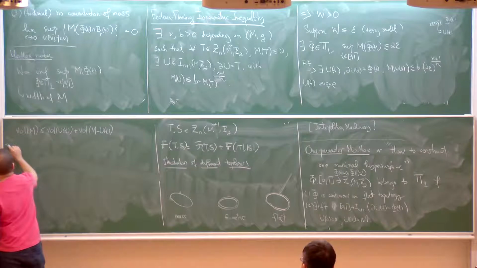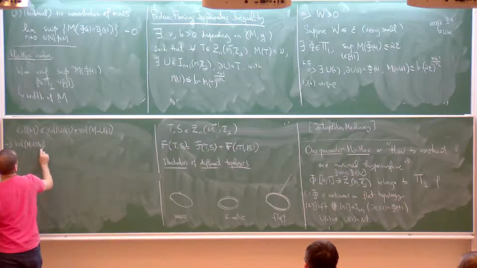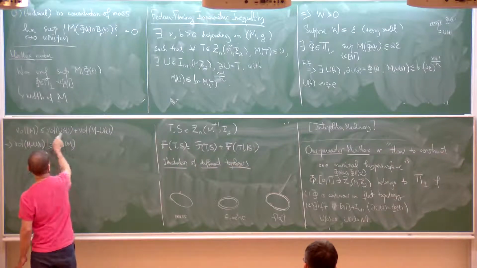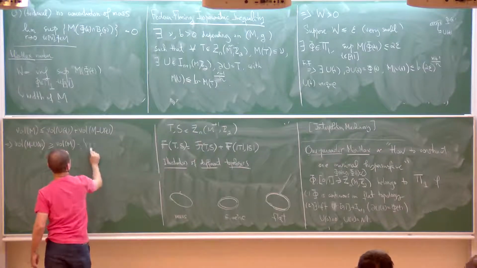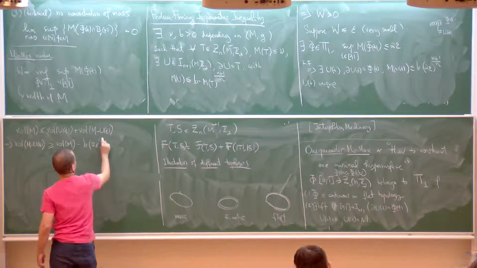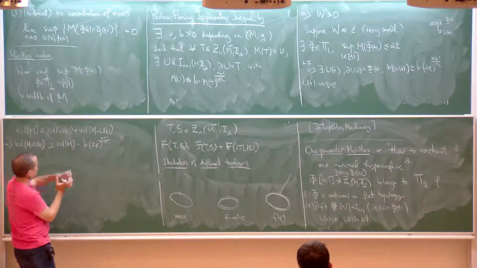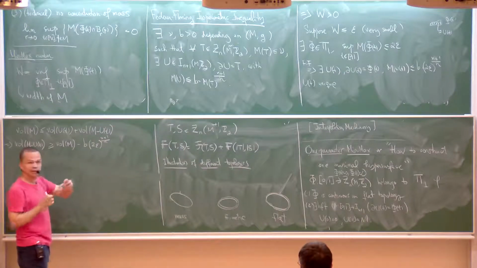So this implies that the volume of the complement is at least the volume of M minus the volume of U of t, but then by my estimate, this is a very small number. So if U of t is very small, then the complement, of course, is very, very large. So this small guy is unique.